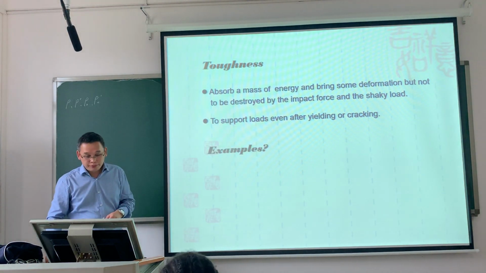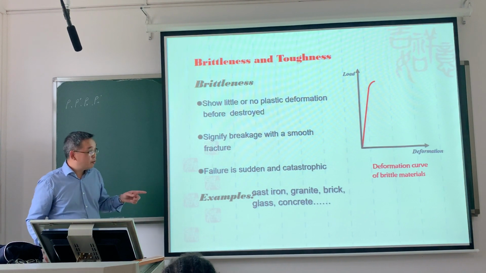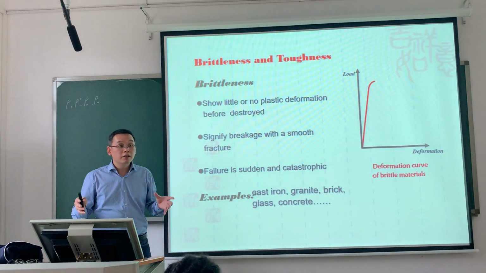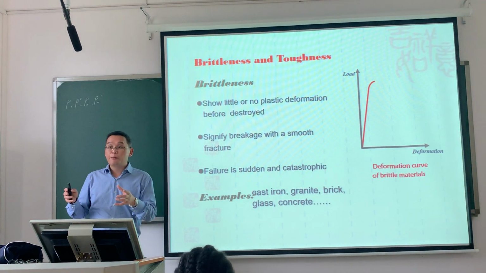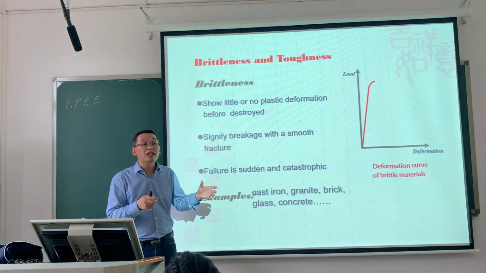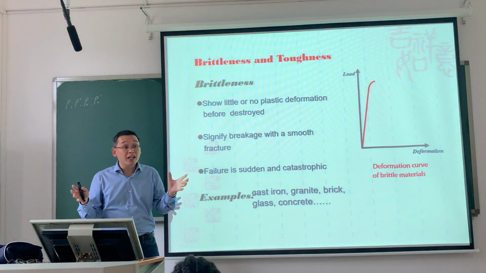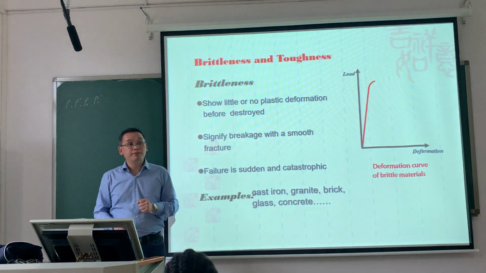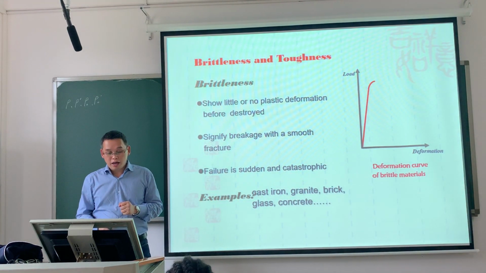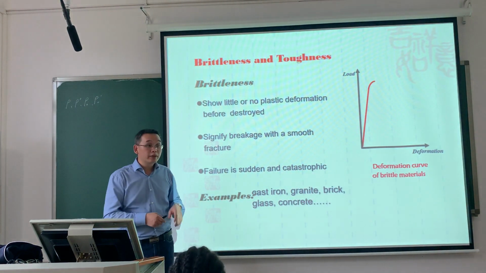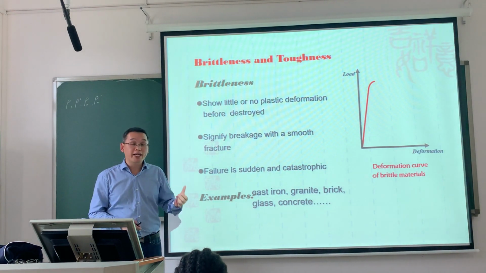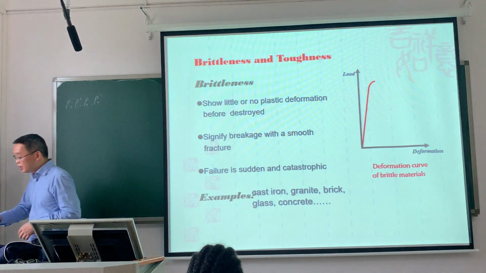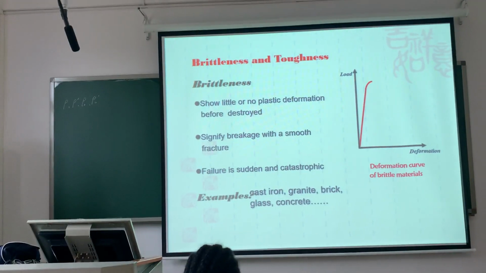For examples, what kind of construction materials belong to breakage? Many kinds. For example, iron, stone, or aggregate, brick, glass, concrete. Just like this glass.